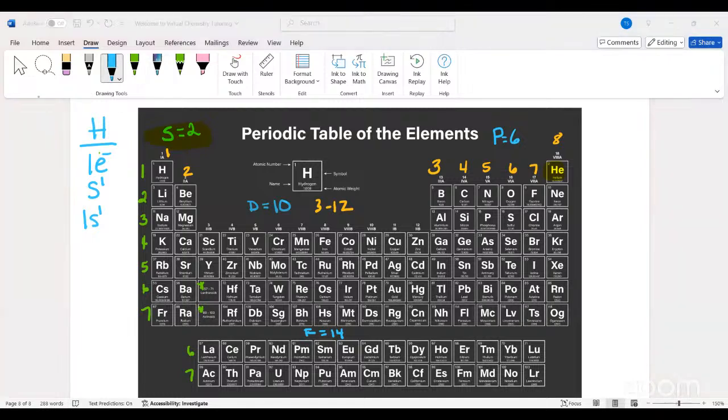Let's take a look over here at helium. Helium has how many electrons? Hey, Tabby, I'll go through some of those as we practice more and more. Yes, I'm going to go through chromium and copper.